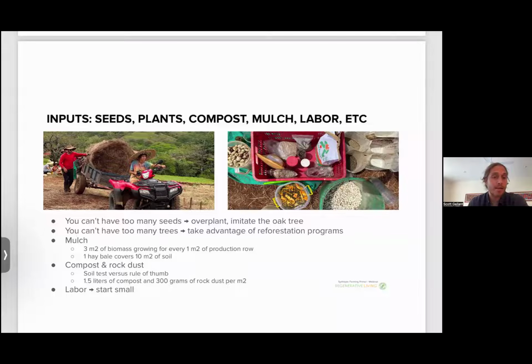In that same line, you can't have too many trees. And I really mean trees as support species. Think of native forest trees. We take advantage of a lot of reforestation programs that exist here in Costa Rica, where we can get trees super affordably, and then we can dump these into the system to have the density we're looking for.